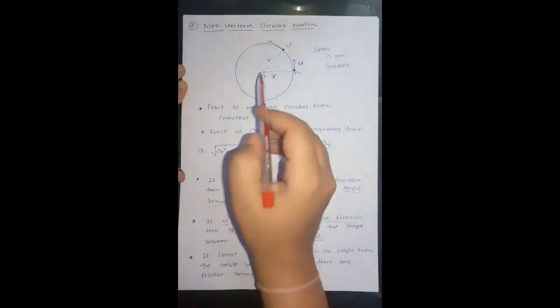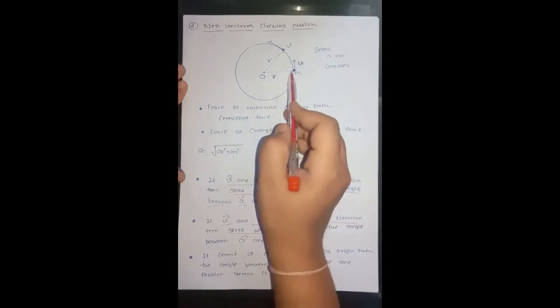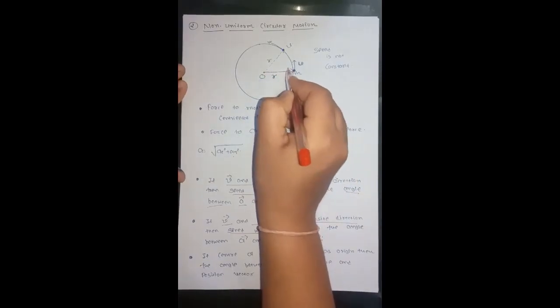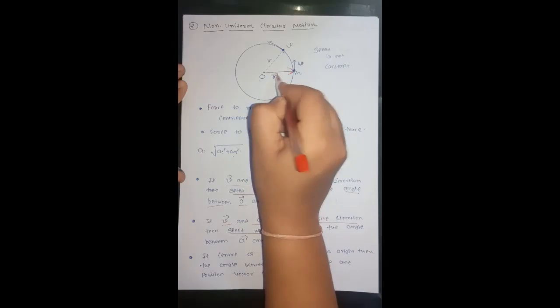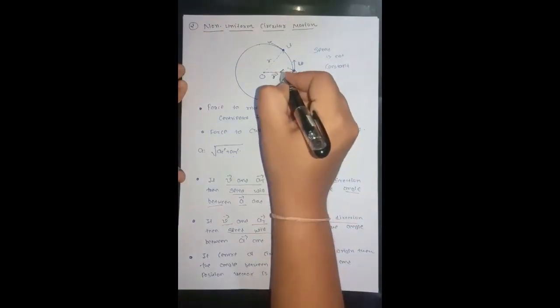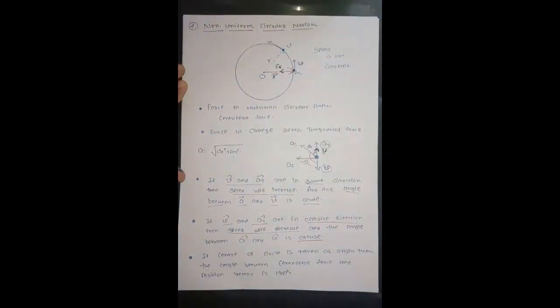Now if we have taken the center as origin, so this will be the direction of position vector r, and this will be the direction of centripetal force Fc.